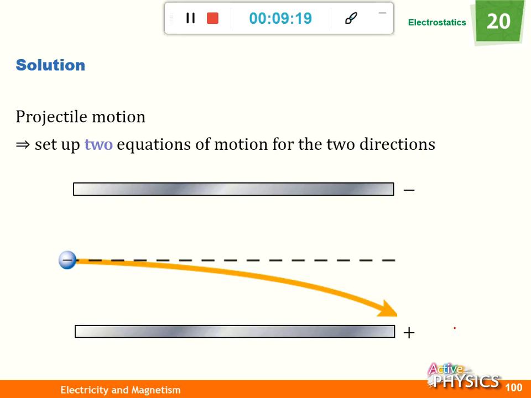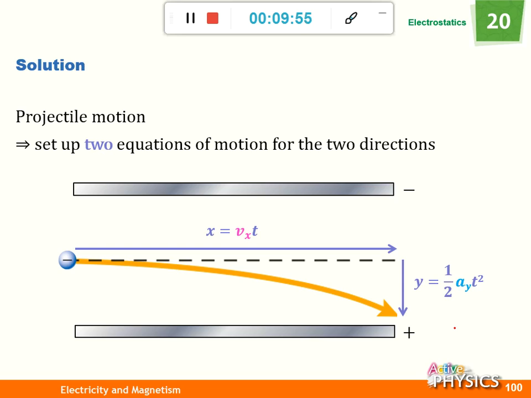Then, because this is actually projectile motion, we combine the horizontal and vertical directions. We can set up two equations. The first one is the horizontal one. In the horizontal direction there is no change at all because we don't have any force there, so the displacement x should be v_x t, with no change in v_x. But in the vertical direction we have acceleration due to the electric force.